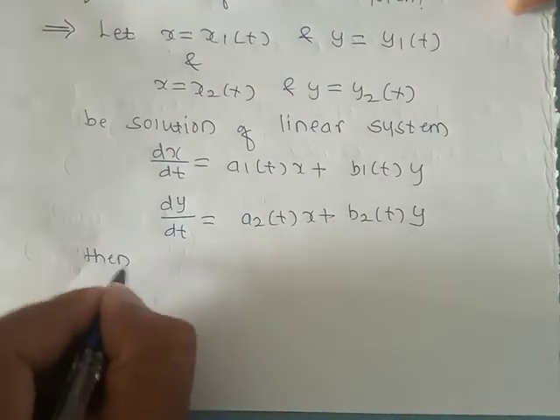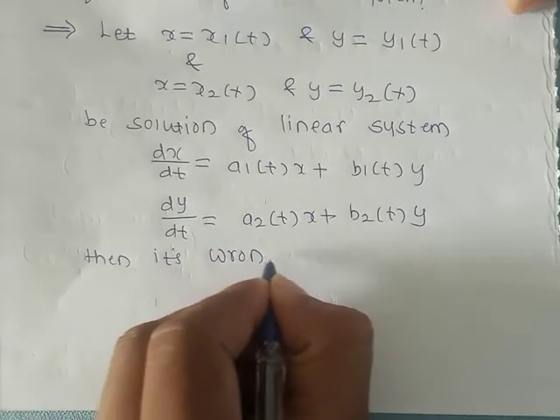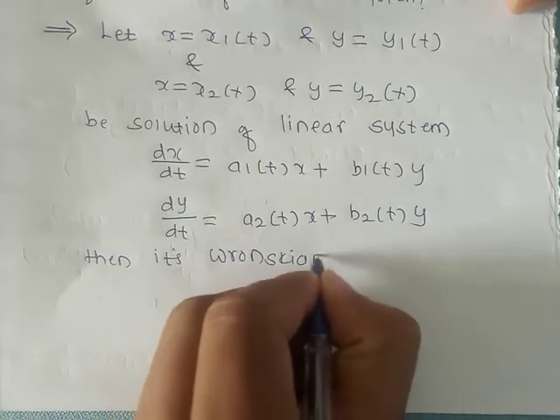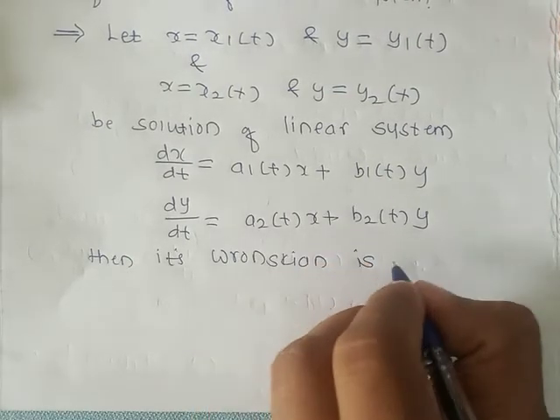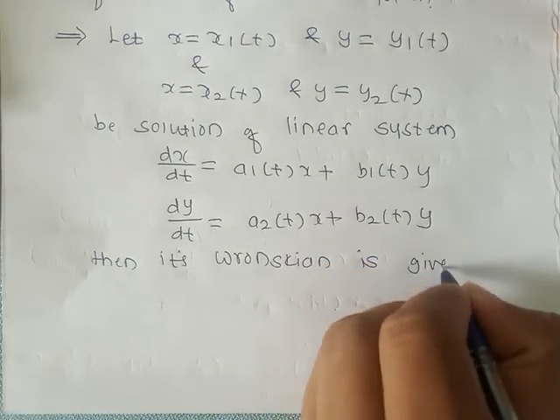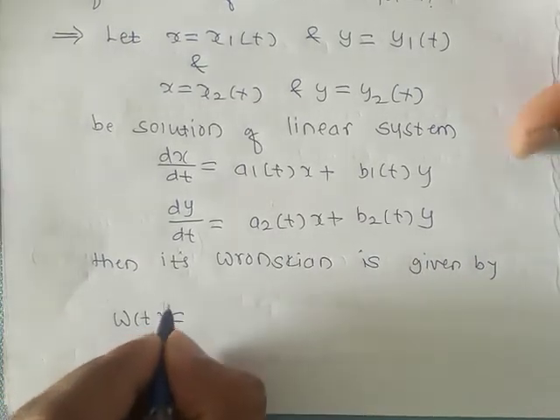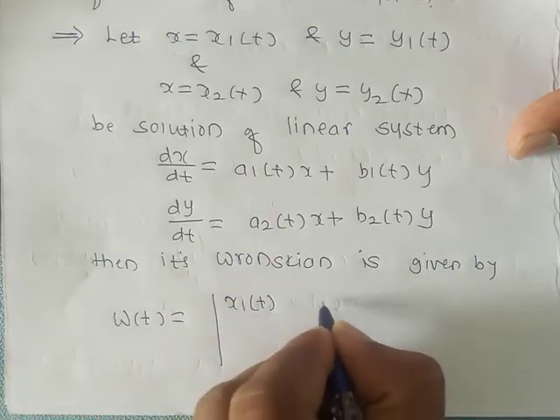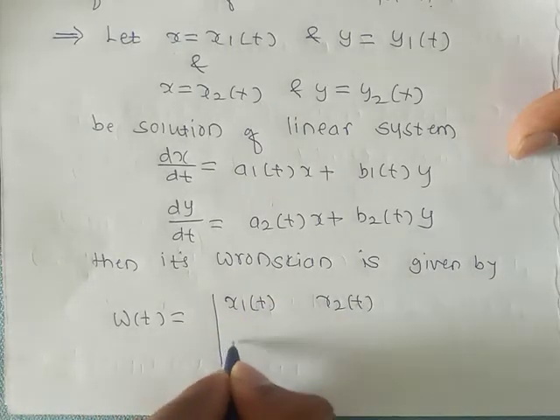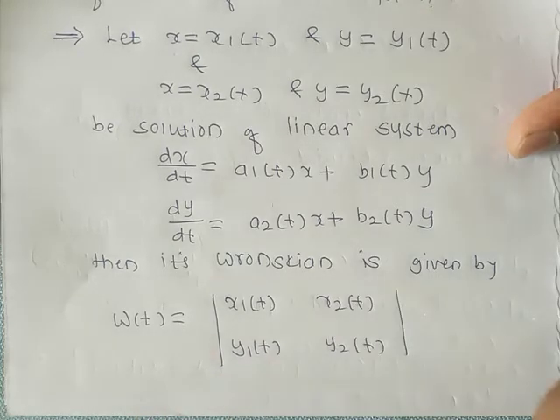Then its Wronskian is given by W of t is equal to the determinant with rows x1 of t, x2 of t, and y1 of t, y2 of t.